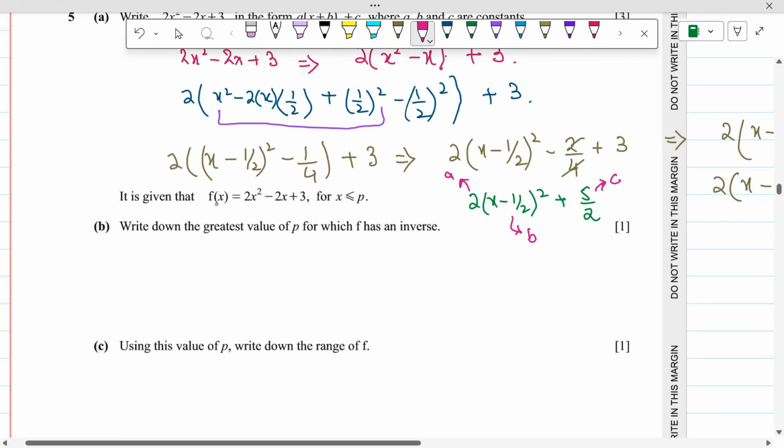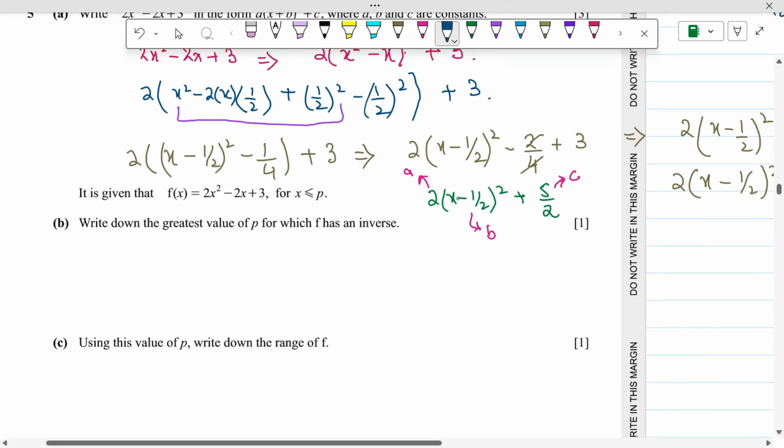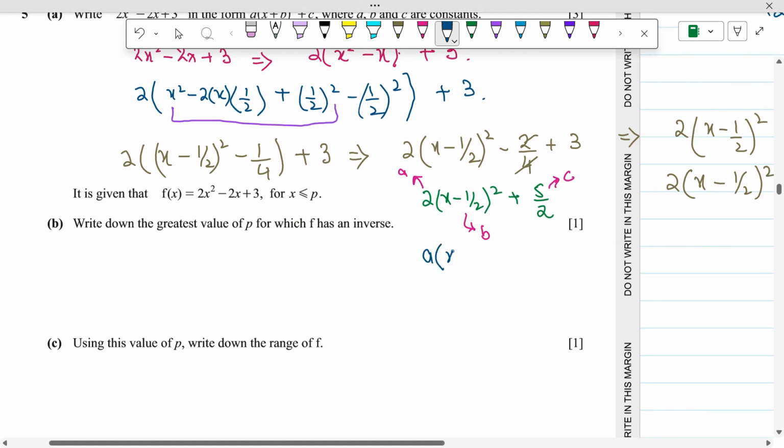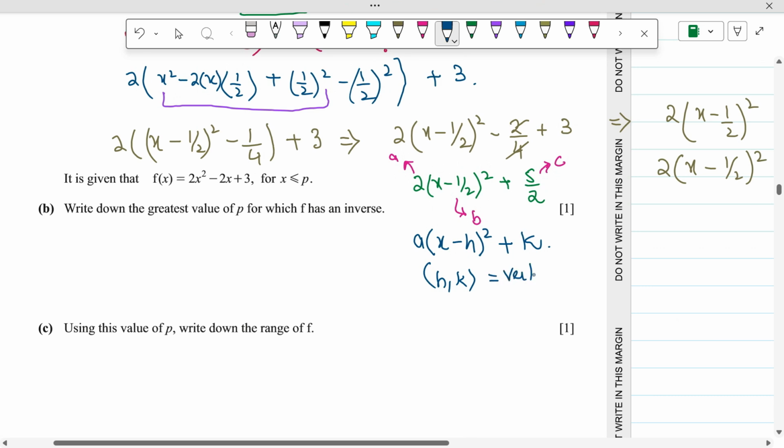Now it is given that f of x is equal to this for x less than or equal to p. Write down the greatest value of p for which the function f has an inverse. When we compare this with a times (x minus h) whole squared plus k, in this case h and k give the vertex.